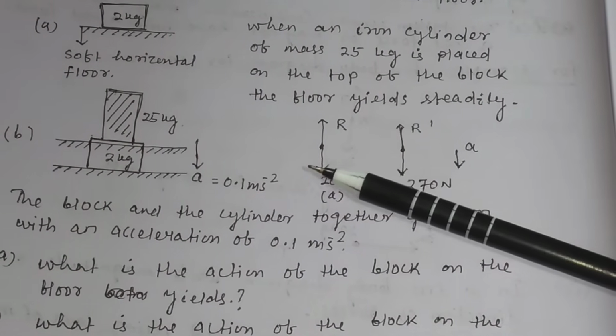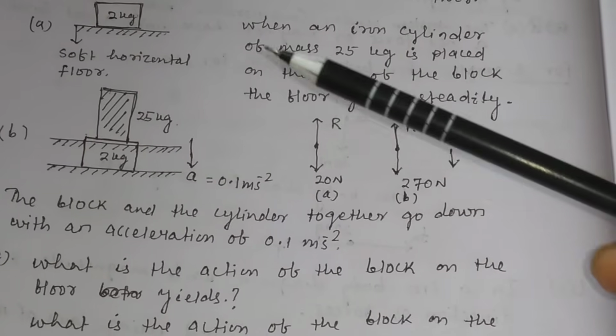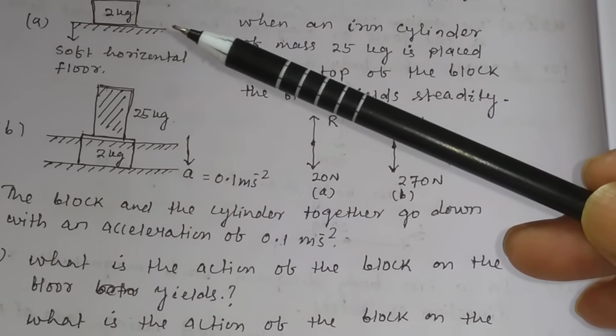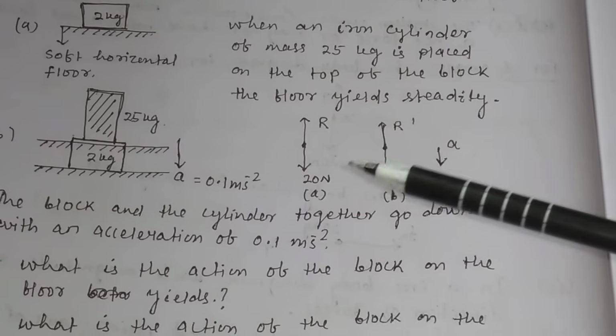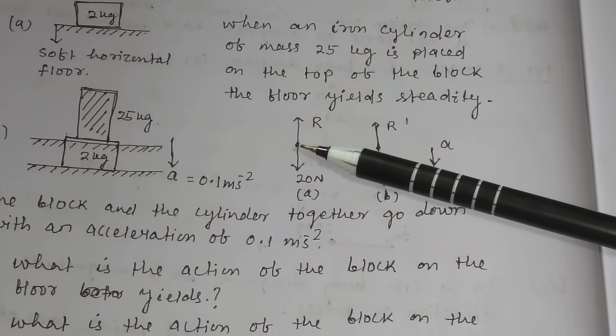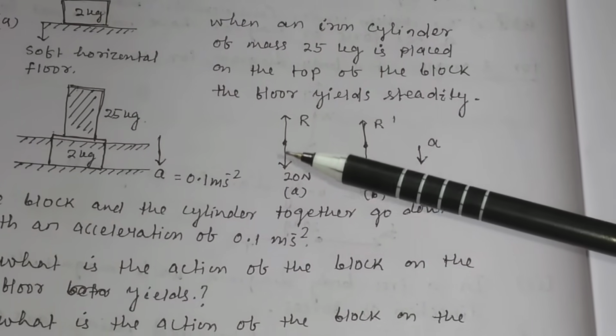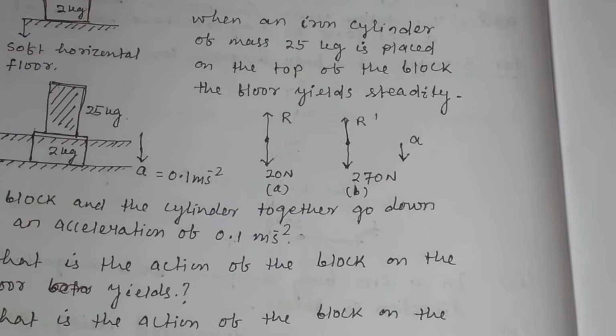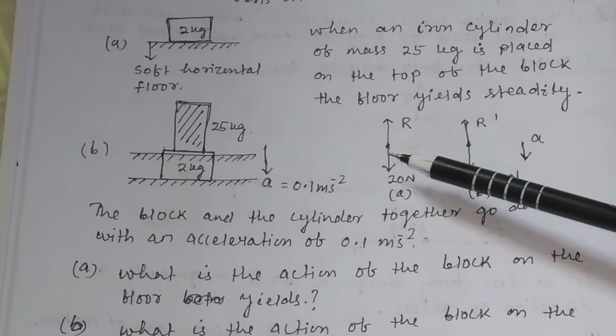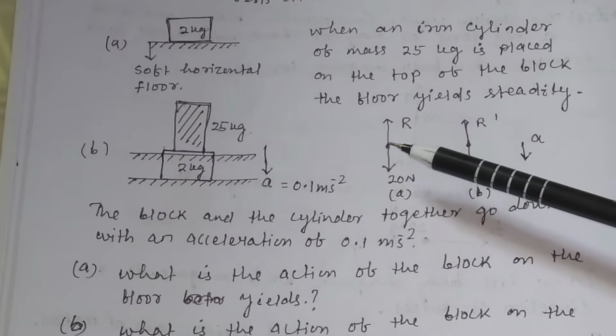So this is the free body diagram for the case A, and this is the 20 Newton force in this direction and the normal reaction in the upward direction.